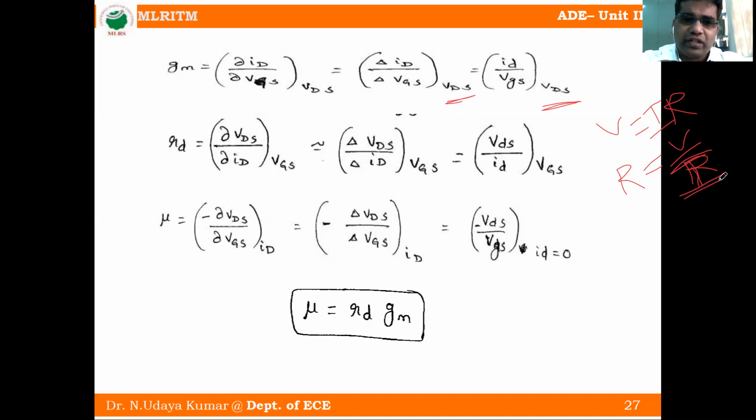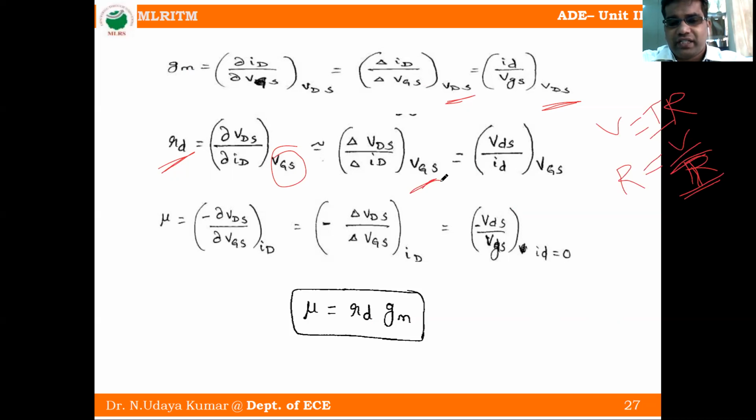In the same way, drain resistance RD is equal to dou VDS by dou ID, that is, change in drain source voltage by change in drain current. So voltage by current at constant VGS is identically change in VDS by change in ID at constant VGS.